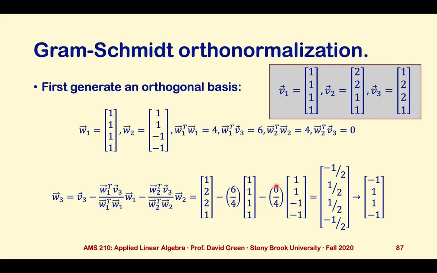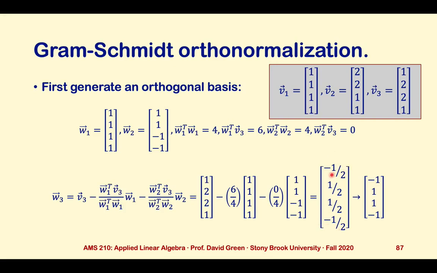The fact that the scaling factor has a numerator of 0 here means this term is not going to play a role in the final answer. 1 minus 3/2 times 1 is negative 1/2. 2 minus 3/2 of 1 minus 0 is plus 1/2. 2 minus 3/2 plus 0 is 1/2. 1 minus 3/2 plus 0 is negative 1/2.